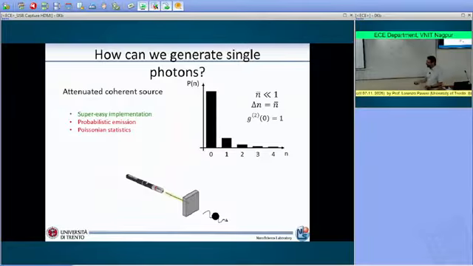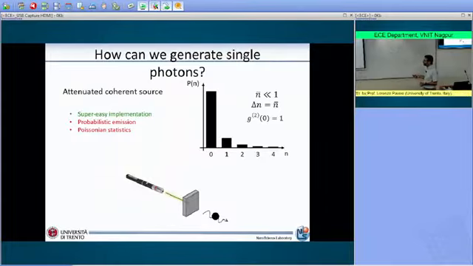Okay? And in this kind of source, most of the time, I don't measure photons. And therefore, the probability of the 0 photon state is large. Clearly, this is something that I do not want, because if I do not have photons, I cannot manipulate the photons. And then, having one photon is given by a certain probability, having 2 photons has a smaller probability, and so on going down.